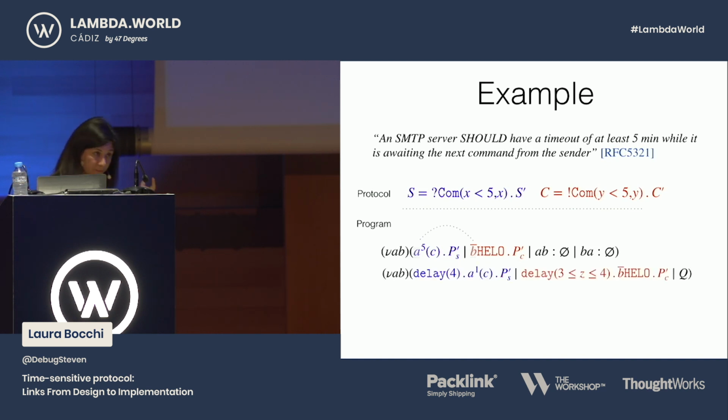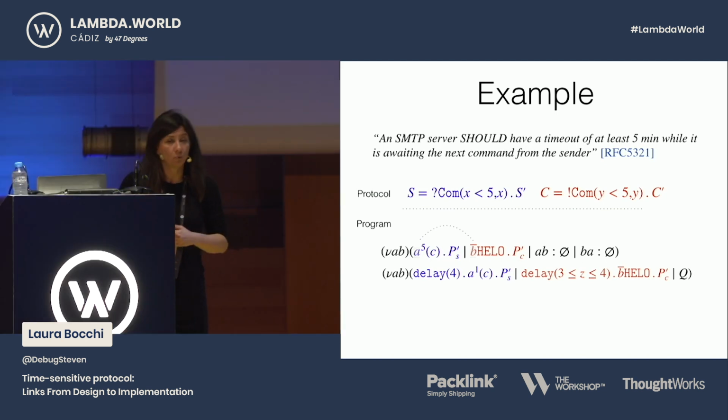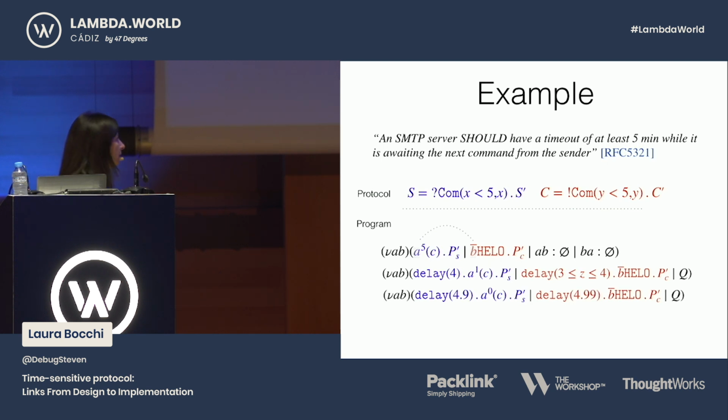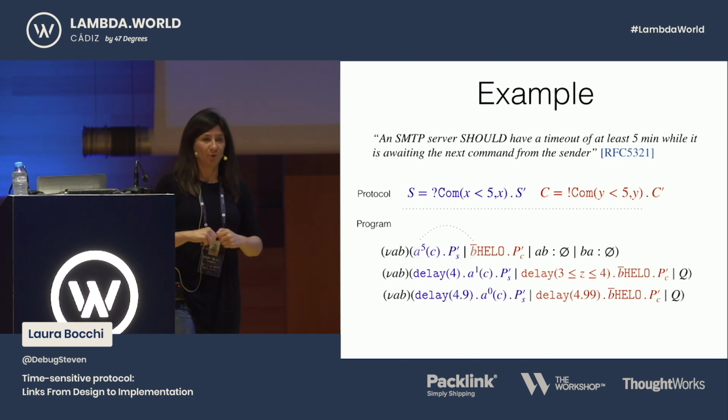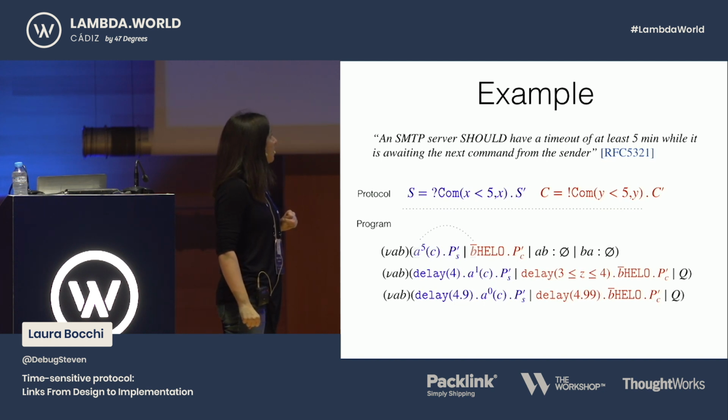Another example of implementation is one in which the server does something for 4 minutes and then has a receive primitive with timeout 1, and the receiver has some delay. Or one in which we really want to use the non-blocking primitive. We want to use receive with the timeout set to 0.